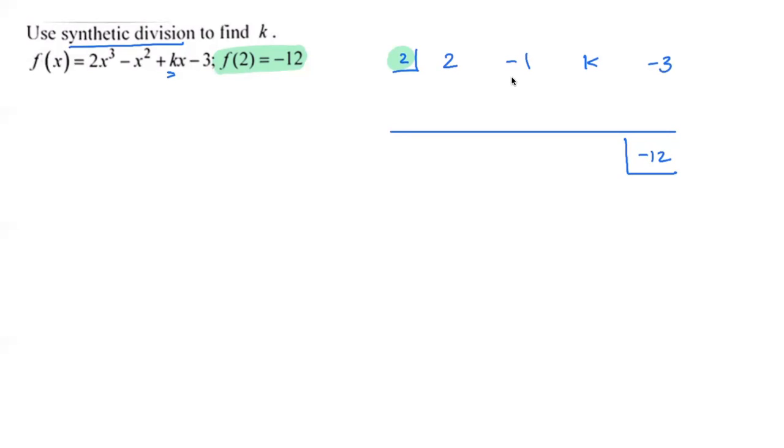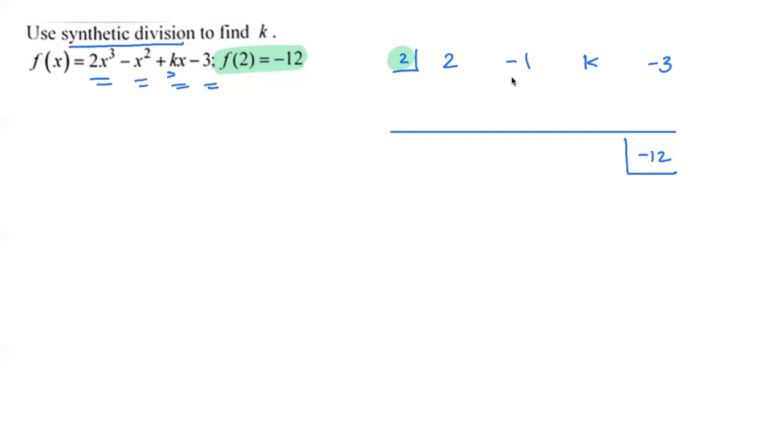Now, it's also very important that when you are doing your synthetic division, you are also checking the power. Is there any missing term? Well, in this case, there's nothing missing, which is great, but there was one question on the test that had a missing x squared term, and I would say about half of the class did not recognize it, not being very careful in reading the notation, and that's a major drawback.